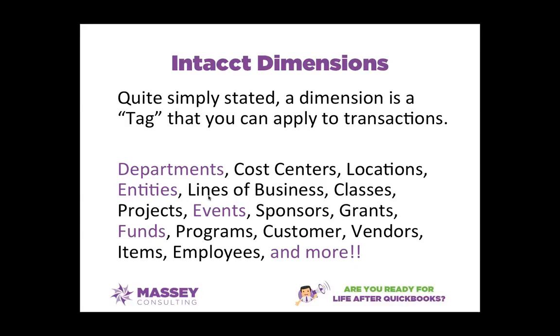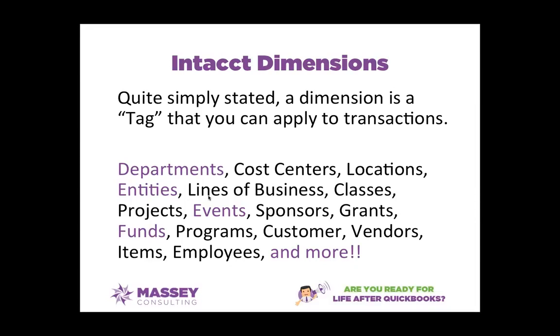Departments, cost centers, locations, entities, lines of business, classes, projects, events, sponsors, etc. Anything that you want to track within your business, you can set up a dimension to track that.